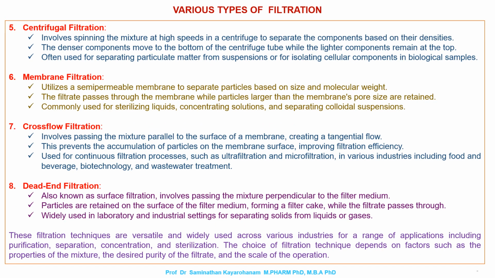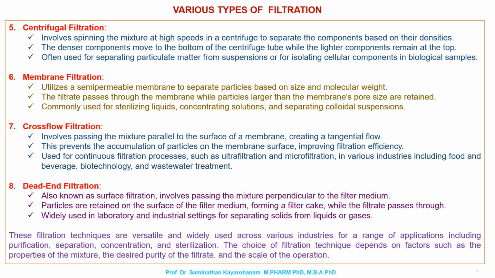Various types of filtration continue. 5. Centrifugal filtration involves spinning the mixture at high speeds in a centrifuge to separate the components based on their densities. The denser components move to the bottom of the centrifuge tube while the lighter components remain at the top. Often used for separating particulate matter from suspensions or for isolating cellular components in biological samples. 6.